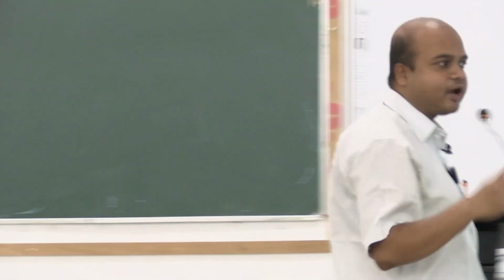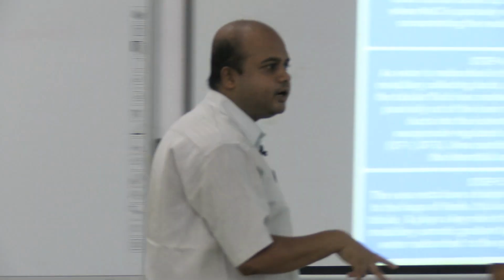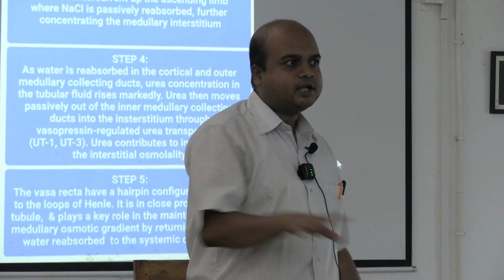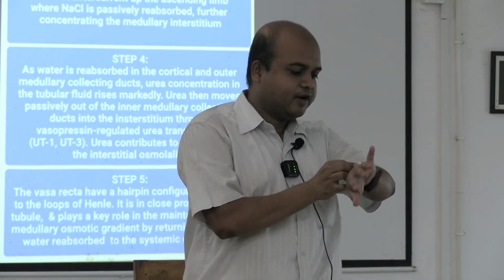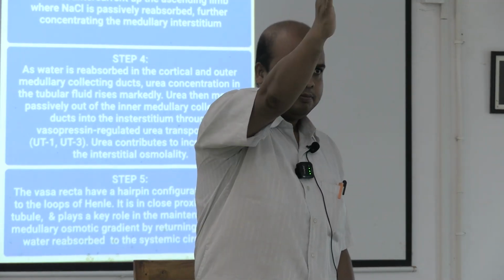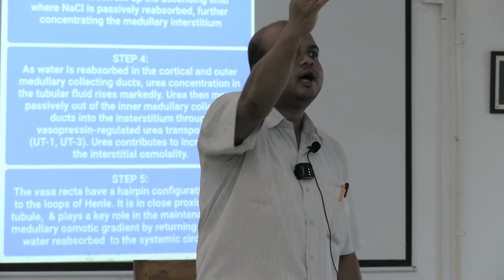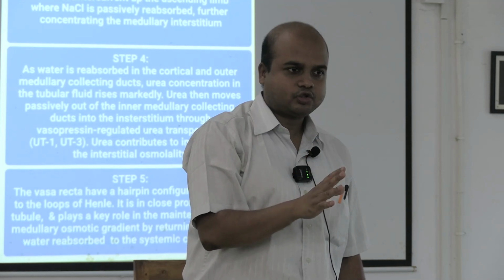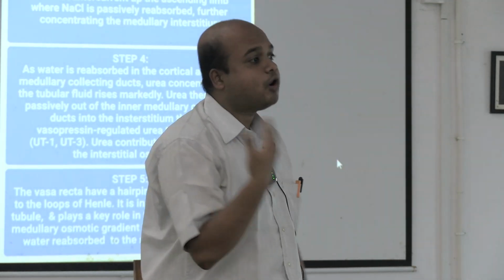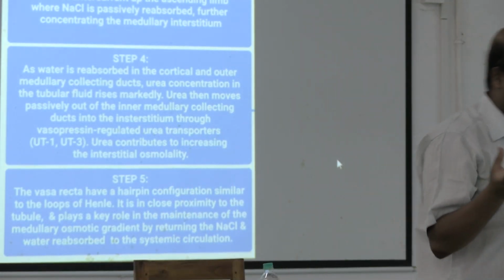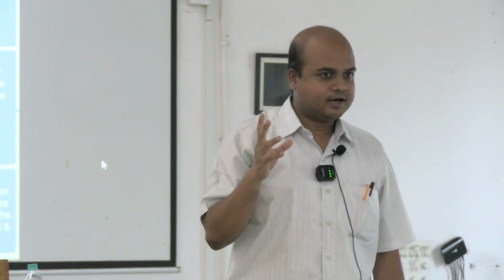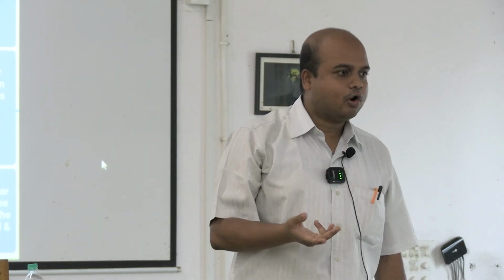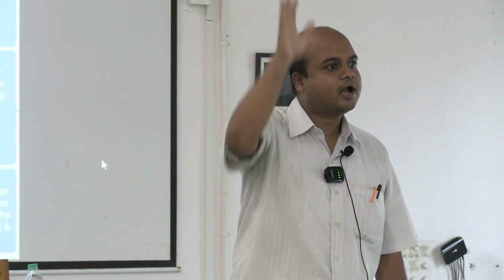That's why the releasing factors which come from the hypothalamus to the anterior pituitary, like gonadotropin releasing hormone, corticotropin releasing hormone, thyrotropin releasing hormone, were earlier called factors.